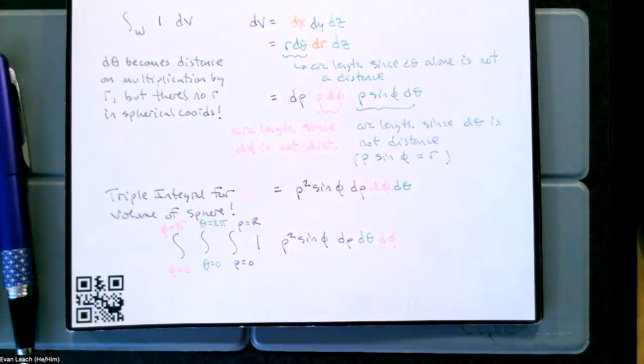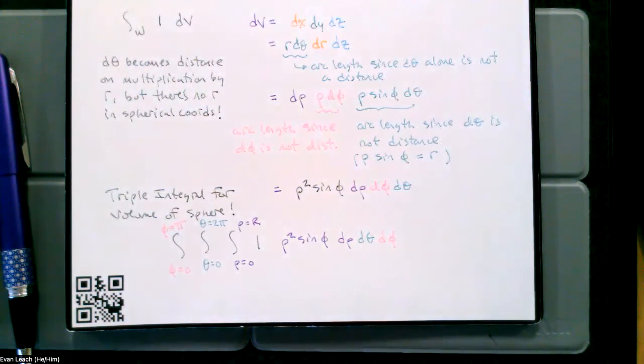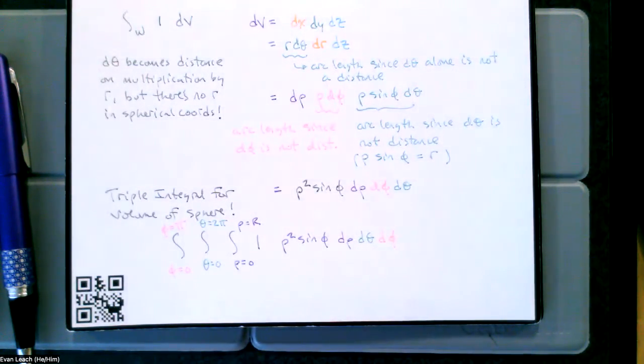Now we can see how our integration is going to go. We're going to integrate rho first. The integral of rho squared is 1/3 rho cubed. That's where our radius cubed is going to be coming from. That's also where the 4/3 is going to be coming from, in the denominator of 3. The next integral is going to be a theta integral, which is going to introduce theta as a variable. That's getting plugged from 0 to 2 pi.